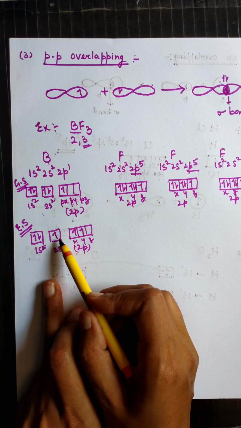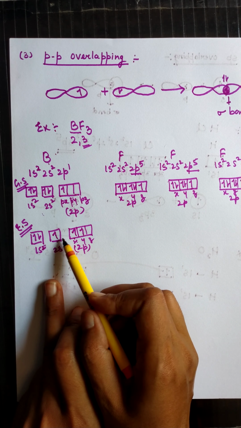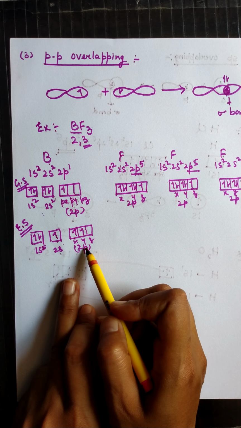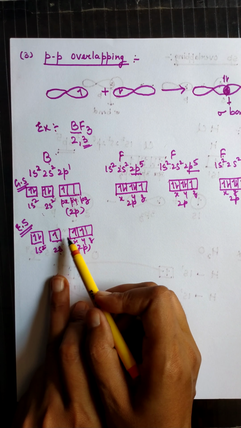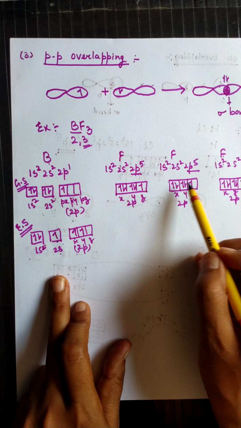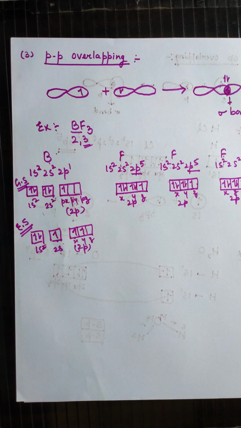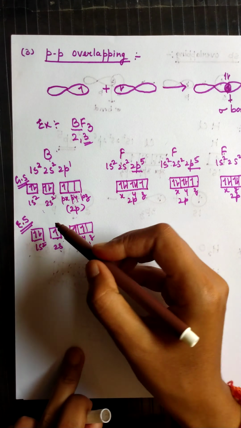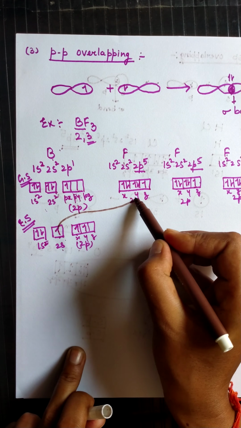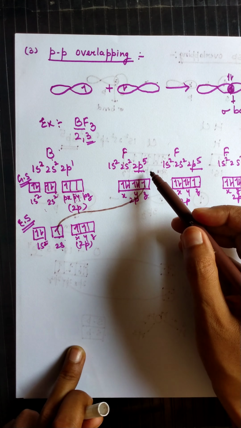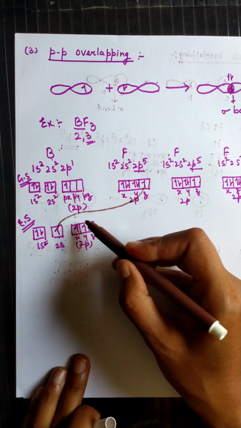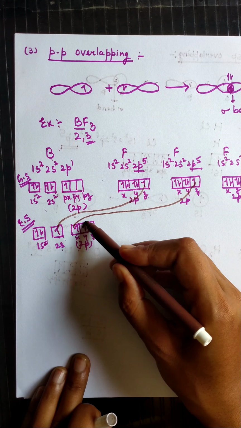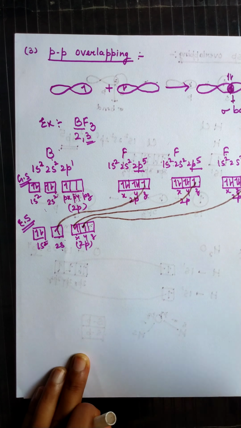Now there are 3 unpaired orbitals: one s orbital and 2 p orbitals, and these orbitals get overlapped with the vacant orbitals of the fluorine. So the s orbital overlaps with the 2pz orbital of one fluorine, the second will overlap with this one, and the third with this one.